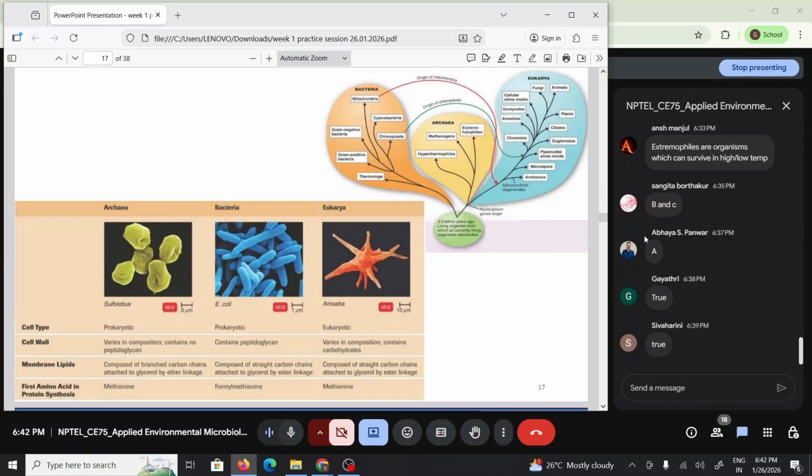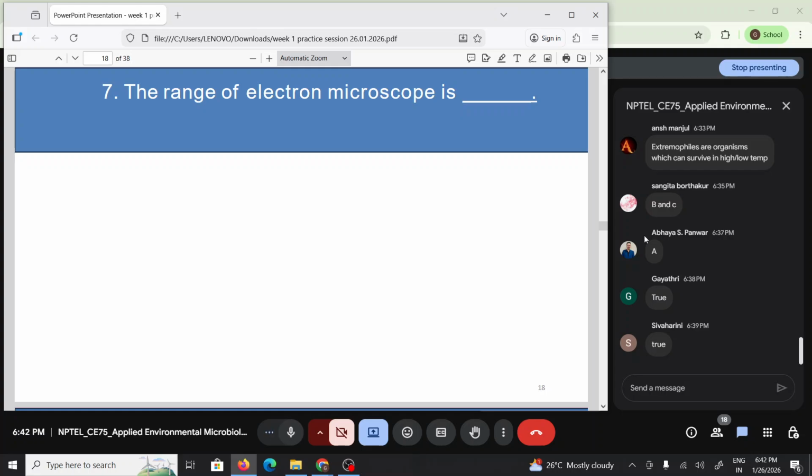If there are any doubts, please post in the chat box. If not, we'll next go to the microscopy topic, where you can answer what is the range of an electron microscope.